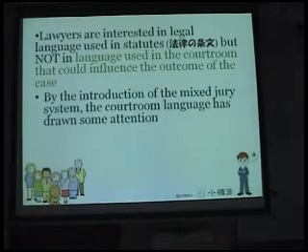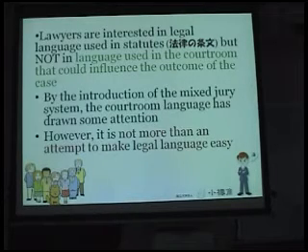With the introduction of the mixed jury system, the saiban-in system, courtroom language has drawn some attention in research on language. But still, all they do is try to make legal terms easier to understand. So it's not more than an attempt to make legal language easy. But that's not enough.